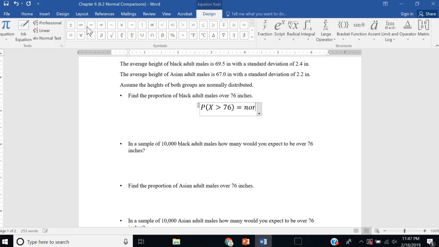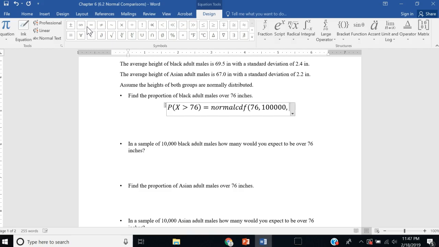So we're going to use that normal CDF function. And our inputs, well, if I'm looking for over 76 inches, 76 is going to be my minimum bound. My upper bound is going to be some really big number.